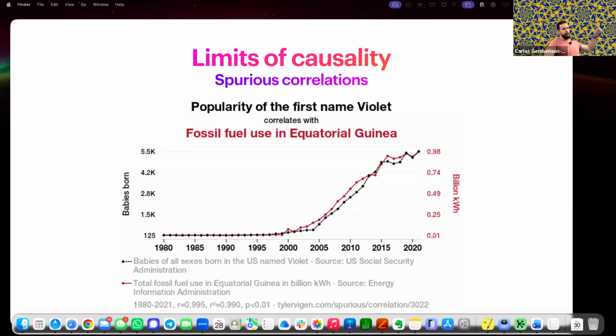There's this website where you can get hundreds or thousands of spurious correlations. And now with generative AI, it will write a paper explaining that and also generate an image illustrating that. But then, of course, it's just a coincidence. And again, we don't have the proper tools to describe dynamical causation.